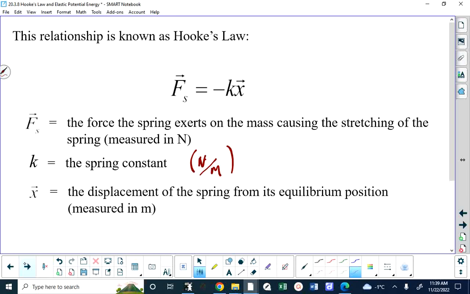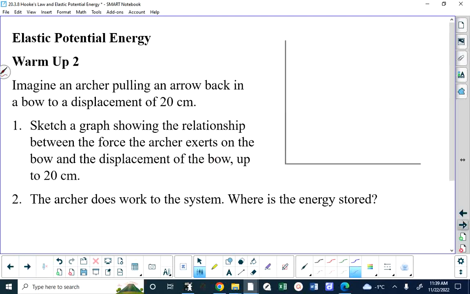But a very small spring constant would be something like this spring, where a very small number of newtons per meter is required. All right, let's do a couple of quick questions with Hooke's law. Let's move on to elastic potential energy. So turn the page, please.